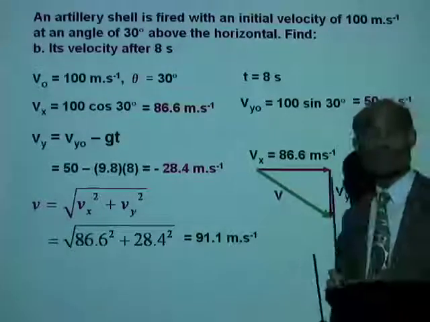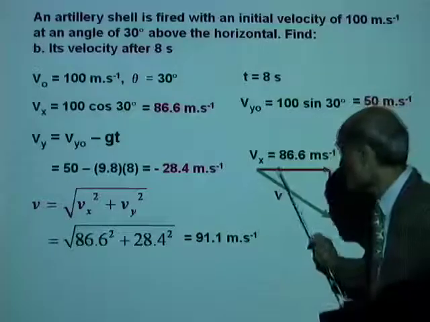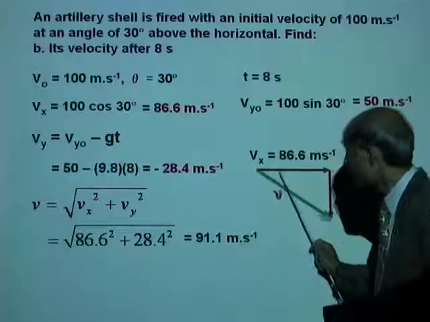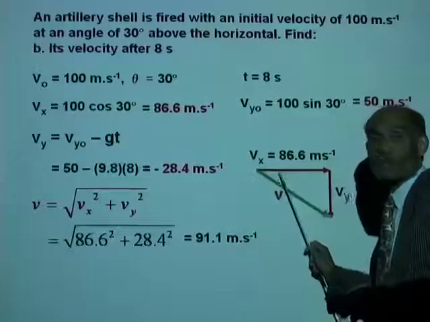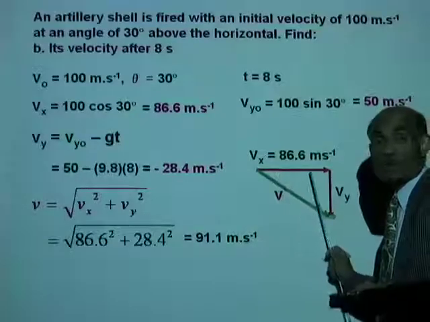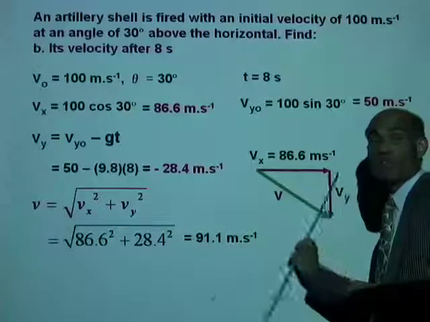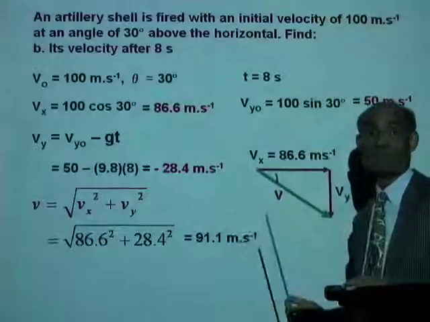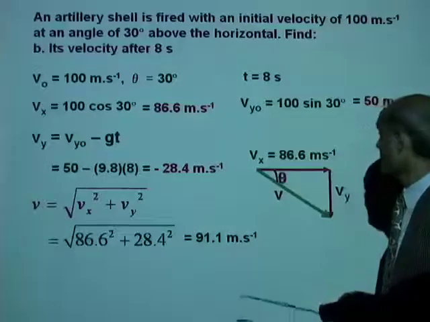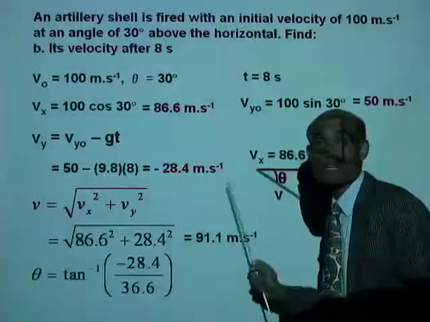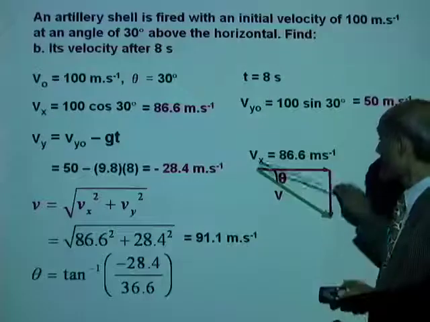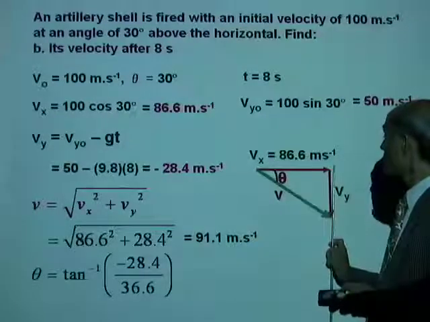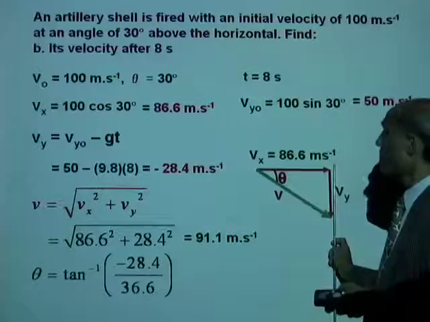Well, we also need to find the angle. What is the angle here? If this is the angle theta, tangent of that angle theta will be Vy divided by Vx. So tan theta is Vy divided by Vx, which is... is it 50?